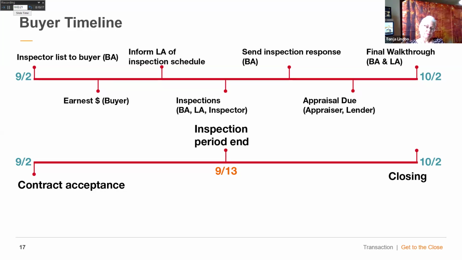And unless you've made an addendum stating that there's issues or whatever, anytime there's a change to that original contract, that sales agreement that both parties have agreed upon, any change to that, you need to add an addendum. And if you get too many addendums, it makes a transaction muddy.